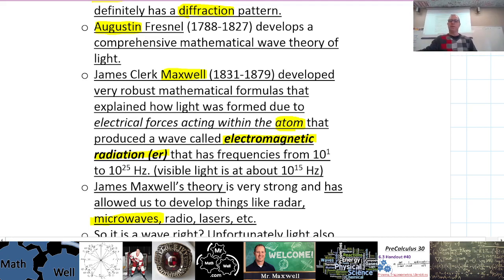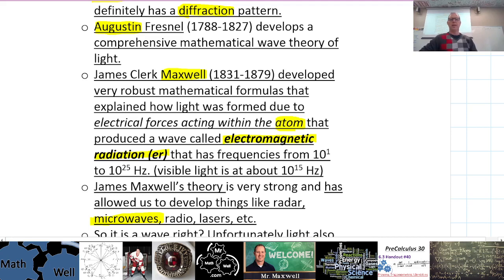And to be honest, most of the equations of most of his work is too far above me. I wouldn't even be able to give you a detailed explanation of everything. It's pretty amazing stuff. But a lot of the technology that we use today, a lot of the experimentation and a lot of the developments today came from his work on light as well.